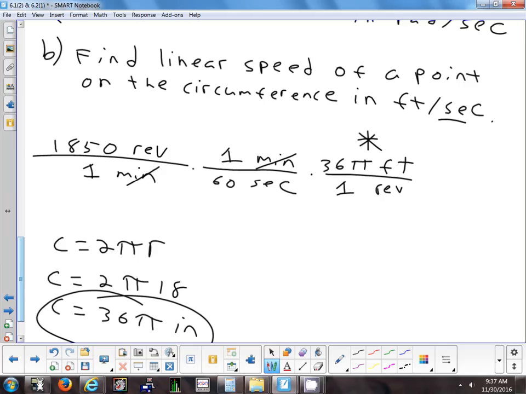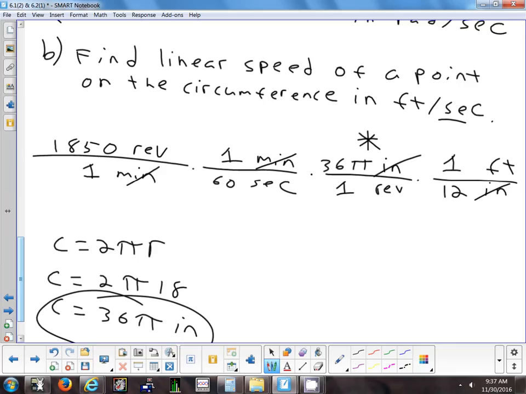There's not always 36 pi inches in a revolution. It depends on the size of the tire. So you'll always be given enough information to find that though, right? Yes, you'll always be given the radius and you'll have to find that. So the mistake I made is I put feet. It's measured in inches. And then if they want it in feet, how do you change inches to feet? In 1 foot, there's 12 inches.